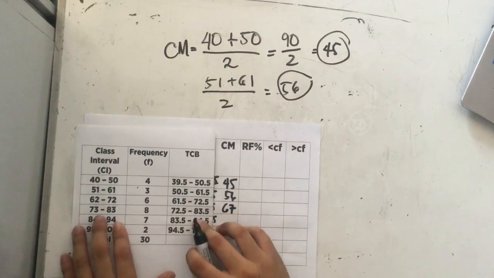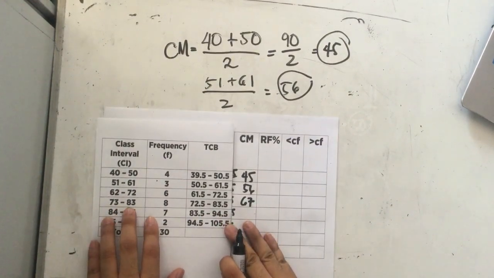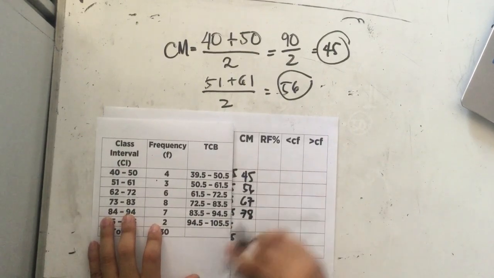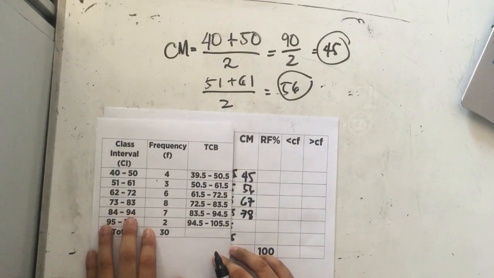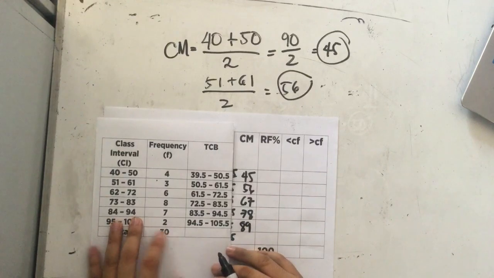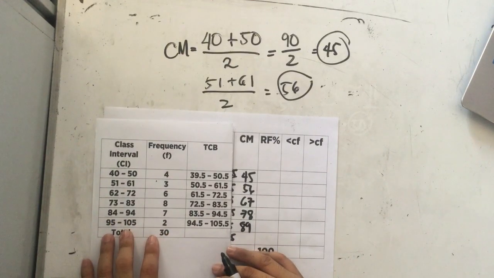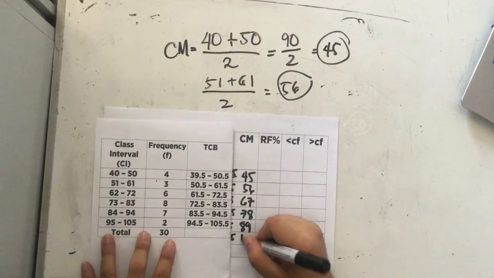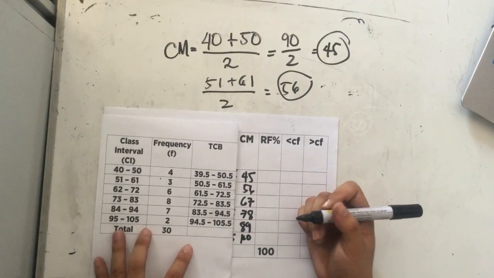So, 73 plus 81 divided by 2 is 78. 84 plus 94 divided by 2 is 89. 95 plus 105, divided by 2 we get 100. Okay, so that is our class mark.